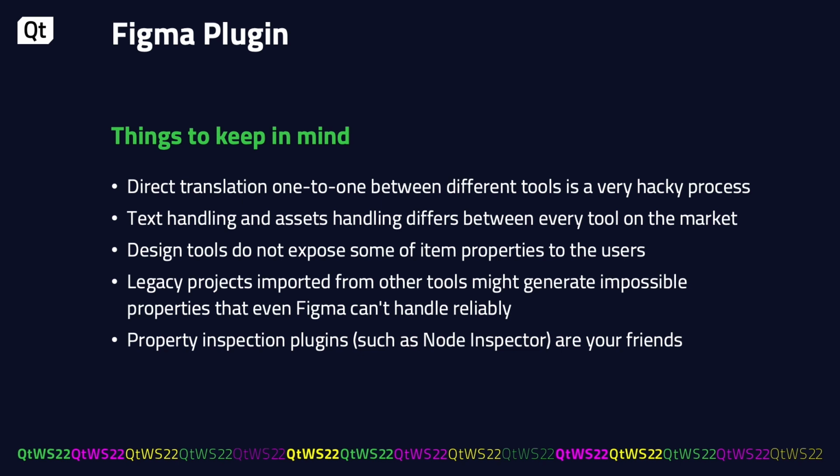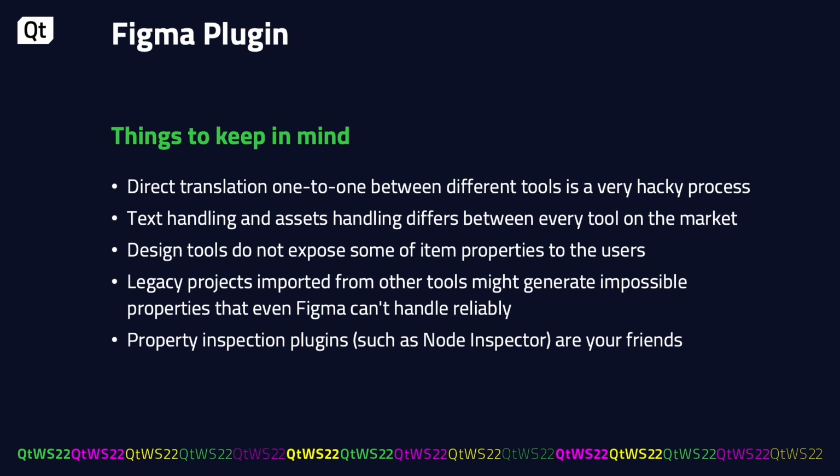Instead, it has a transformation matrix that stores all transformations applied to that node, and you will have to decompose the matrix first before being able to say that this item is flipped and it needs to be placed differently. If your export plugin or any other tool you're working on is not handling flipped items properly, they will be misplaced in the resulting import.